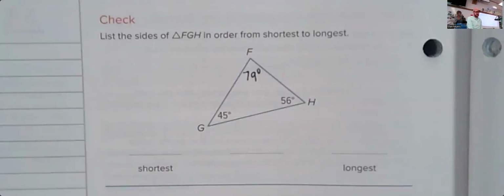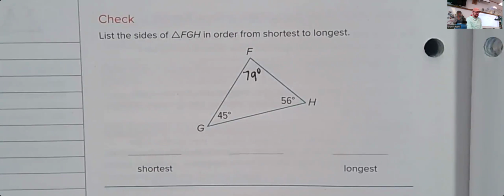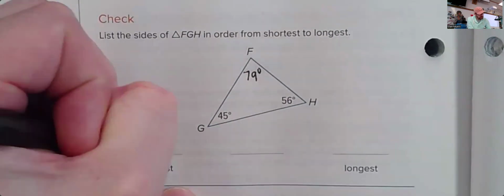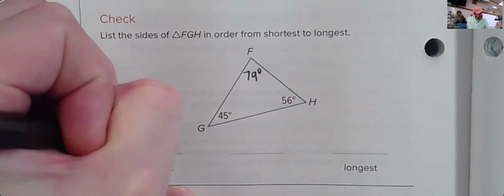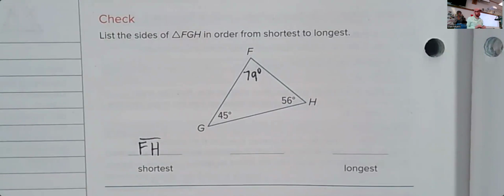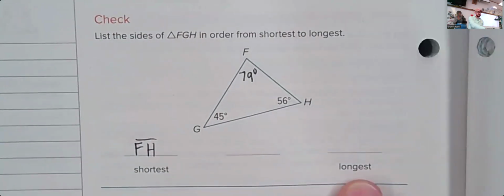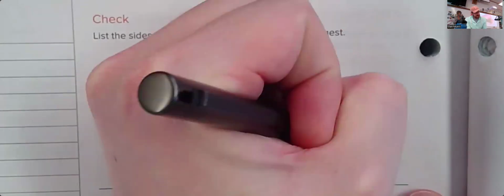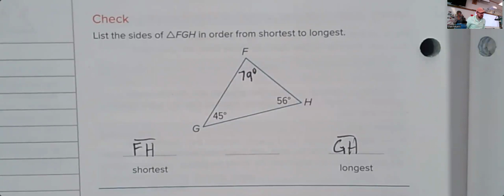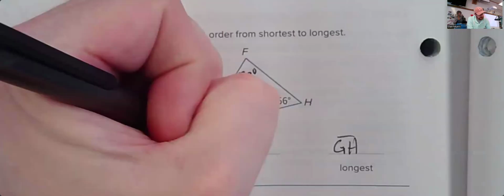So what's the smallest angle here? 45. So what's the shortest side length? FH. Shortest side always across from the smallest angle. What's the longest side? GH. It's going to be across from the biggest angle. So the one in the middle? GF.